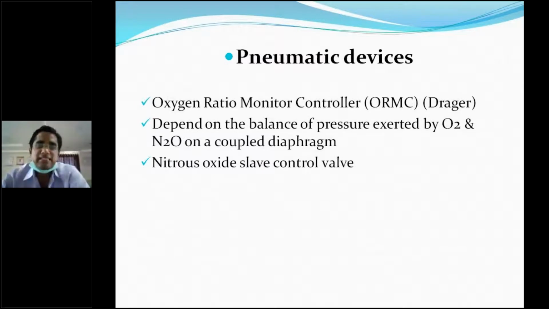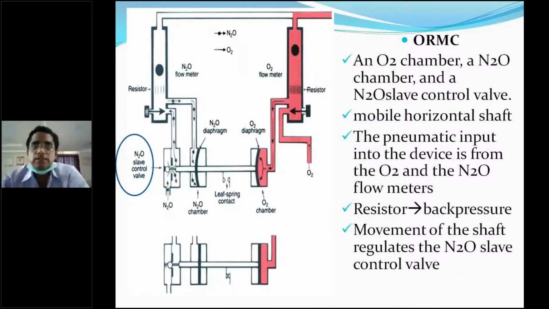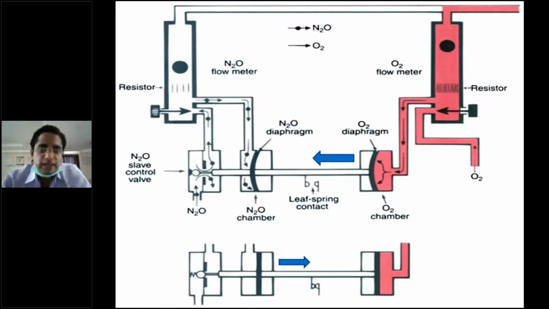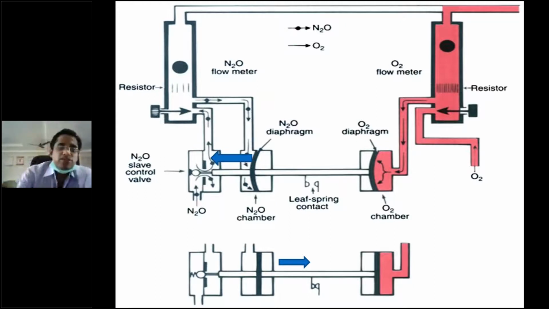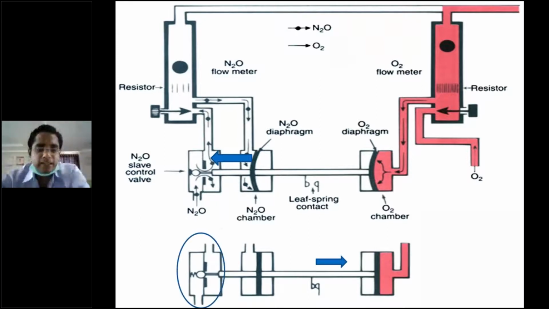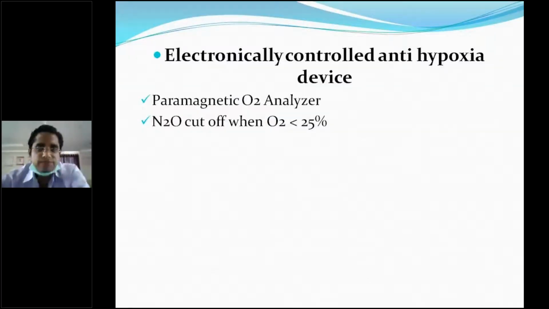The other one is the pneumatic device, oxygen ratio monitor controller. So this is an ORMC. Now look at this. Oxygen goes to this leaf spring contact and goes to the nitrous oxide chamber, and the nitrous oxide chamber pushes this backwards, taking in the oxygen, therefore supplying oxygen to the patient.